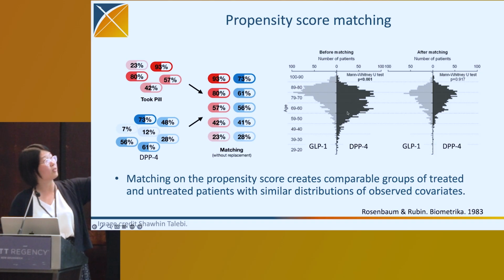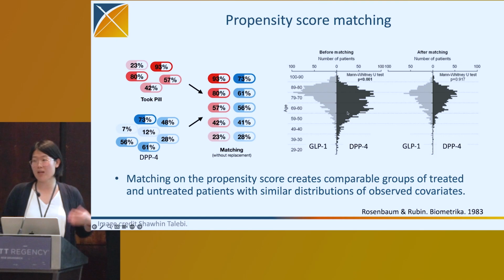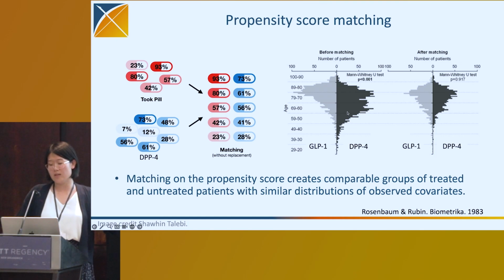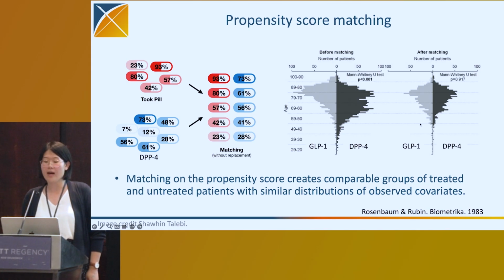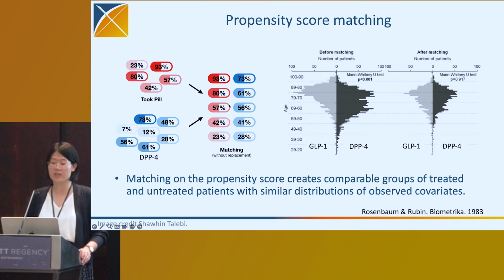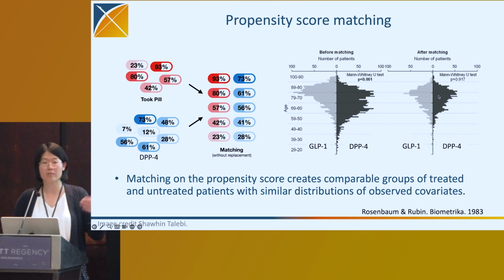So using the figure on the right as an example, if I plot age for the target and the comparator groups before matching, we all see, hopefully, that there are some differences in the mean age and the standard deviation. And after propensity score matching, this is the plot that we often see, or at least would like to see: in this matched population, the age distribution between the two is very similar. Their mean and standard deviation are very similar.